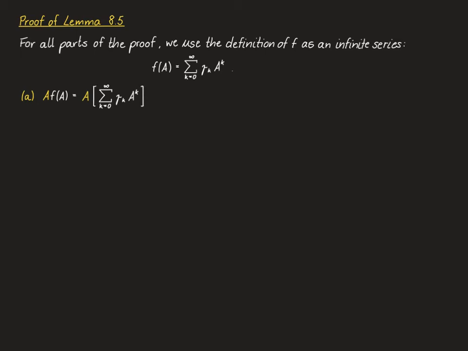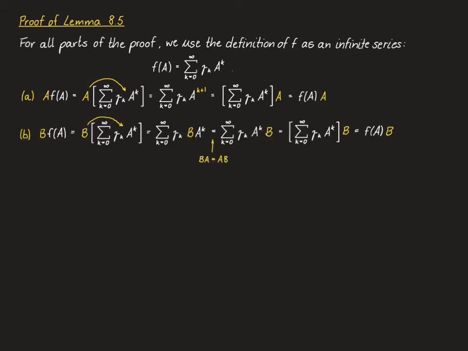For part A, note that we can write A times f of A as A times the infinite series, and now we can pull this A into the sum, which means that A multiplies each of the existing terms gamma k A to the k, which results in gamma k times A to the k plus 1. And then we can again pull out a factor of A from each of these terms, this time to the right, and we get this expression, which is of course nothing but f of A times A.